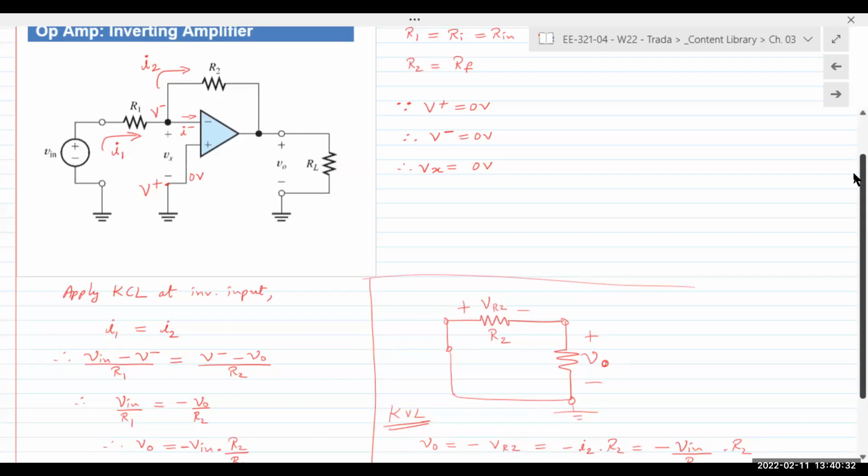We're saying absolutely no current is going into the op amp, and that's how we can make the assumption that I1 is equal to I2 at that node. So we're applying KCL at this node. If you apply KCL, we would get I1 is equal to I minus plus I2, but I minus is equal to 0 because no current goes into the op amp.